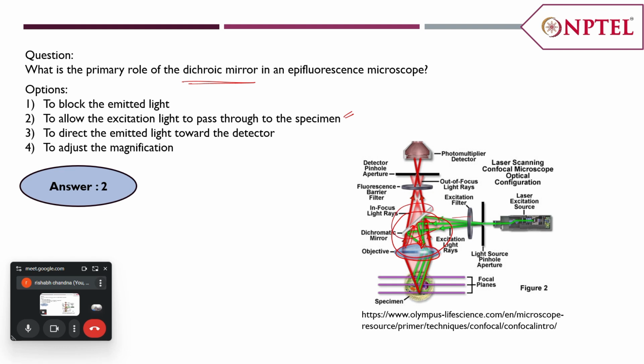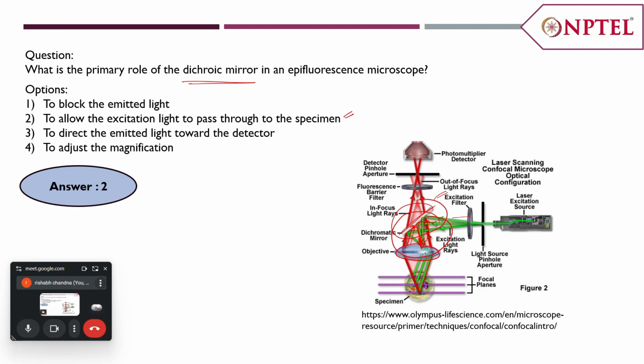So we want to use a mirror that only allows a certain wavelength of light that is basically falling on the specimen, but it does not stop the emitted light that is emitted from the specimen. So that is why it is a dichroic mirror, and it only allows this excitation light to be reflected and fall upon the specimen and not the emitted light through the specimen. So this is the major reason for the use of the dichroic mirror.